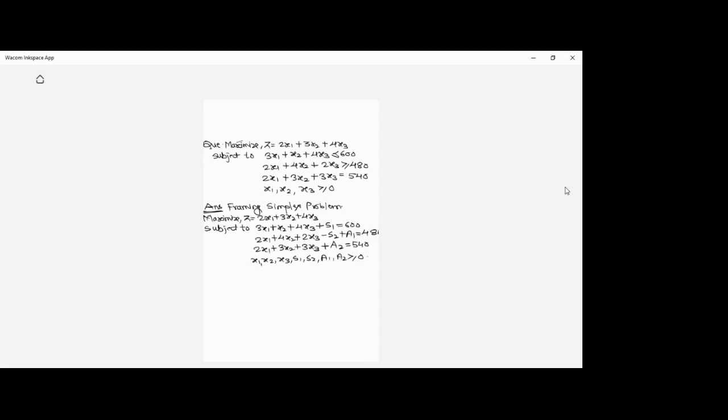So here you can note that for a greater than or equal to inequality, you have a slack variable and an artificial variable, right? But the slack variable will be what? It will be a negative slack variable for greater than or equal to. For less than or equal to, there will be a positive slack variable, right?